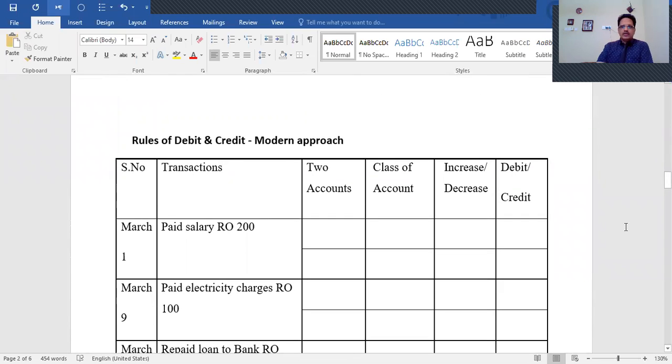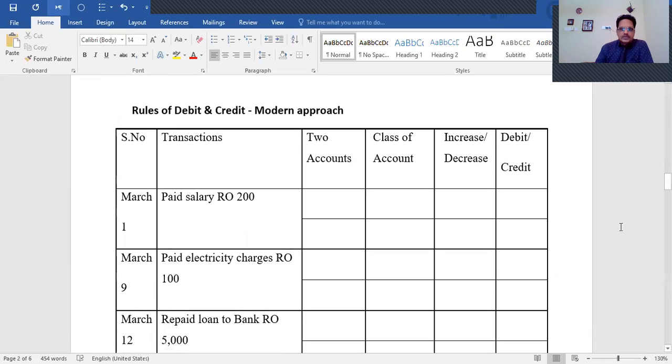That means some transactions we have done already. Now we'll do the same thing but with different transactions. But considering the importance of this area, I think we'll do one more session on this. You should be very clear about debit and credit, then we'll go to the next area. It is better, otherwise, I think it will be difficult to understand.